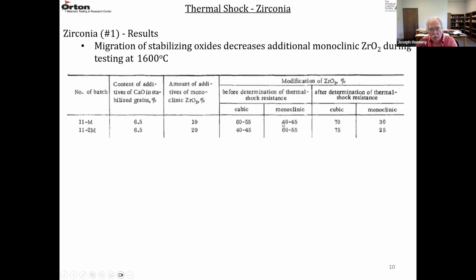So this was 40, 45% monoclinic, and it decreased to about 30. This was 60 to 55 monoclinic, and it decreased to about 25%. So it is actually changing during the thermal shock cycles.